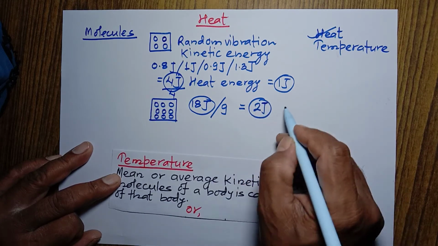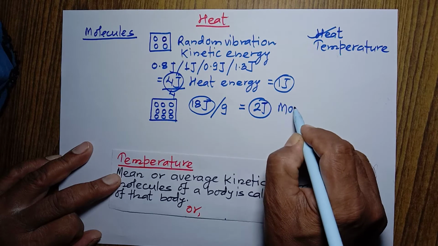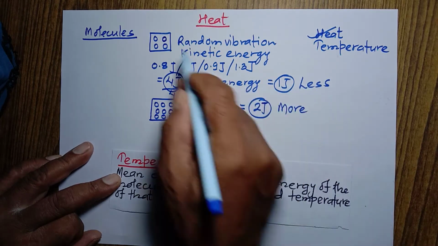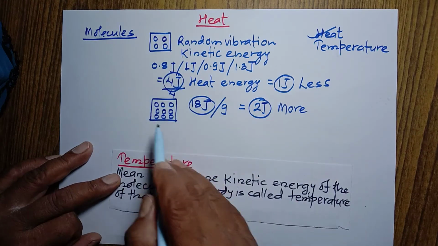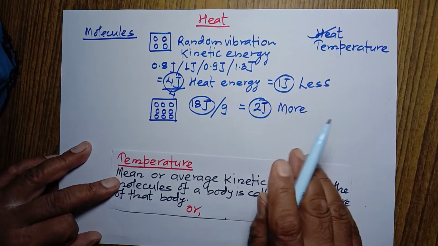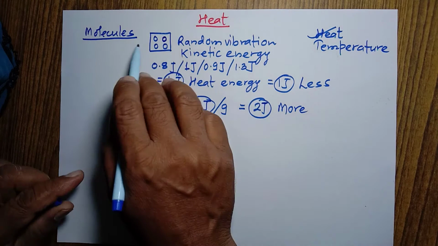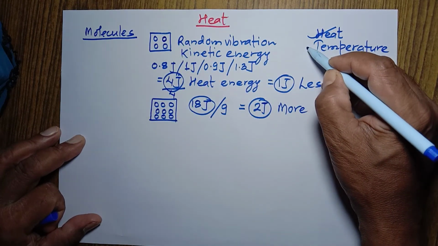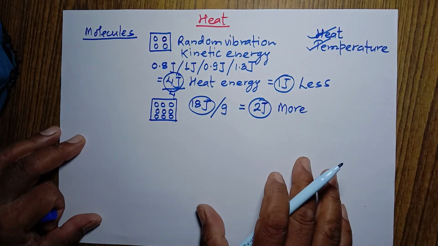It means temperature is more here in comparison with less here, because on average here only 1 joule, and here it is 2 joule. The sum of the total kinetic energy is heat, but the average or mean kinetic energy is called temperature.